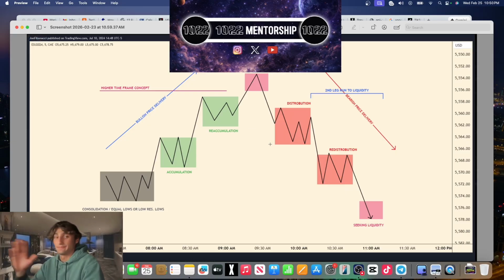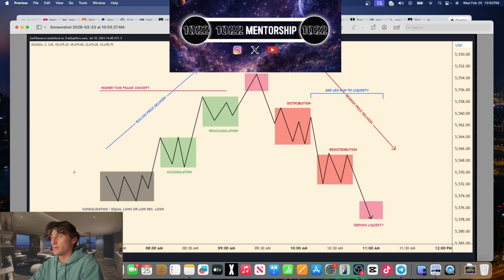This exact chart, this exact screen, he made this. I guess he spelled distribution wrong a little bit on both these, but that's all right. After our manipulation, we would enter our low risk shorts, and we want to see our first stage of distribution, our first leg, and then our bearish price delivery.